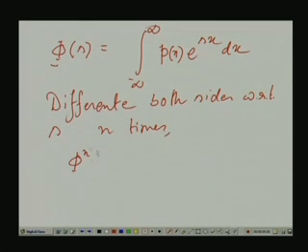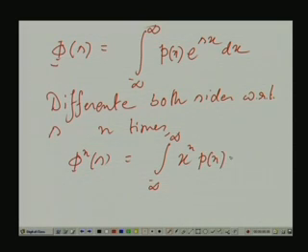Here n means nth order derivative, it is not a power. If I say phi n s, it means the nth order derivative of phi s with respect to s. Then what happens if s equal to 0?